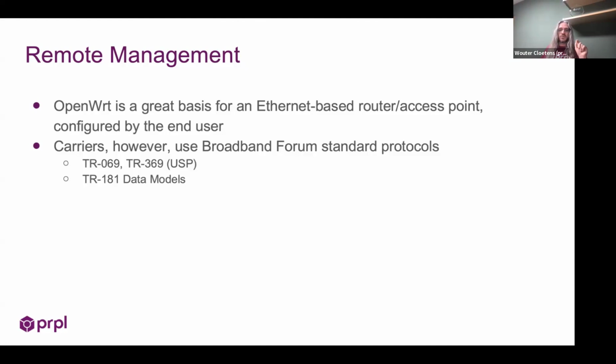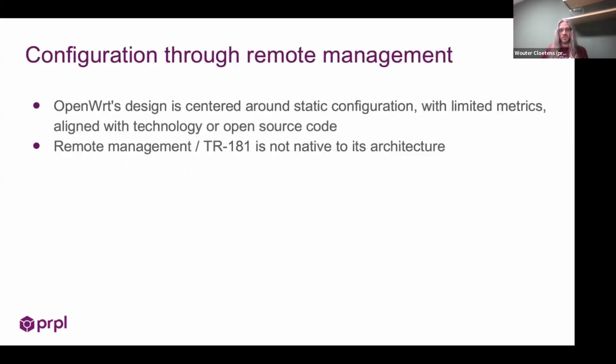So the standard Broadband Forum protocols, those are the historic TR-069 and the more recent USP, TR-369, as a remote management protocol. These are supported by a bunch of vendors that the operators can buy service from as well, who can manage millions of devices at the same time. And the specific ways, these APIs to interact with the devices, are standardized in TR-181 and TR-104 for voice over IP.